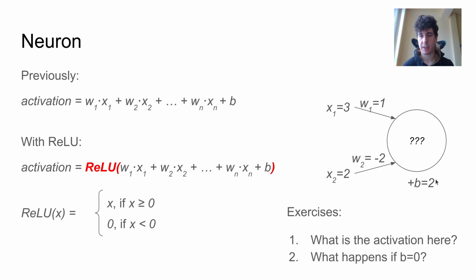What happens if b is 0? What would be the activation? So you have 3 minus 4, it's minus 1. And if we do ReLU of minus 1, we have the second case, so the activation is 0 if b was 0.